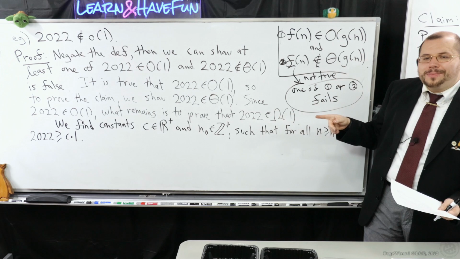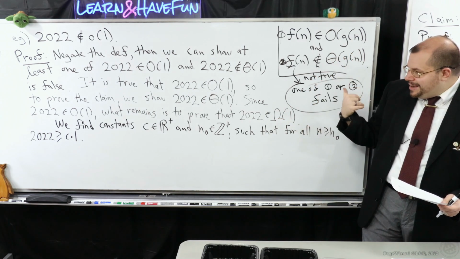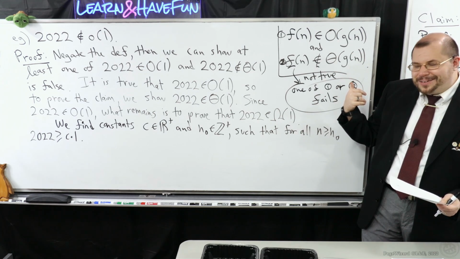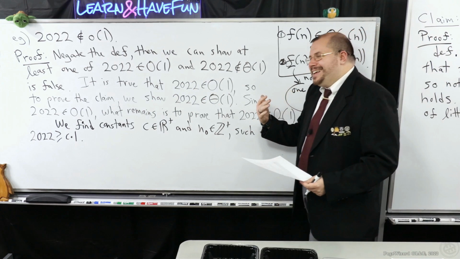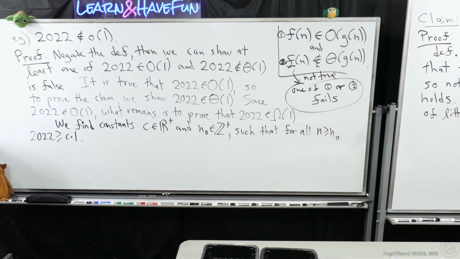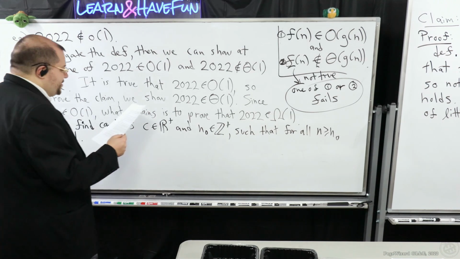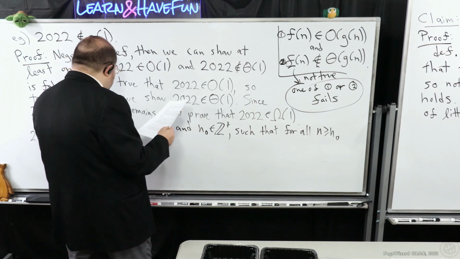What's a natural lower bound here? If I pick c equal to 1, then I have 2022 is greater or equal to 1, right? That has to be true. If you really don't like that, you can always set c to be 2022, then they're equal to each other. But the point is there's a lot of flexibility for how you pick this constant. So I'm just going to pick c equal to 1.